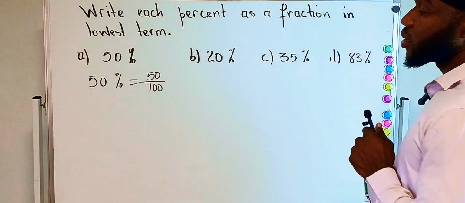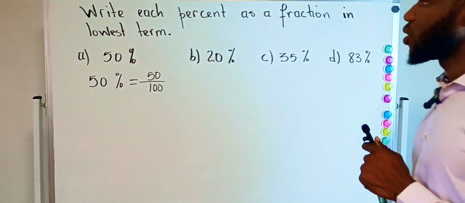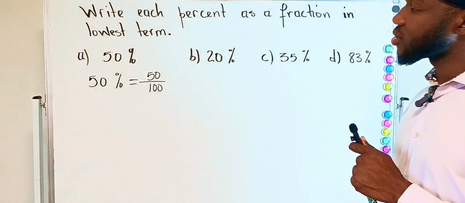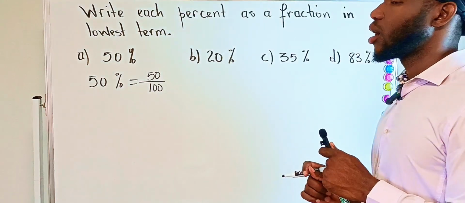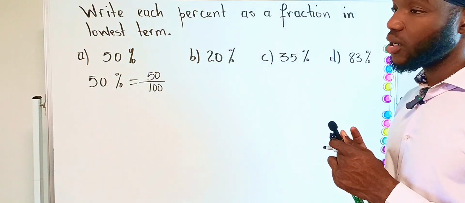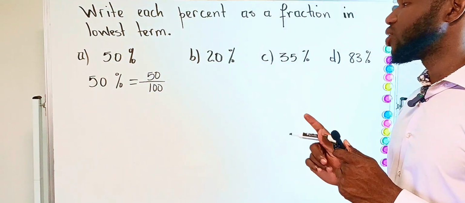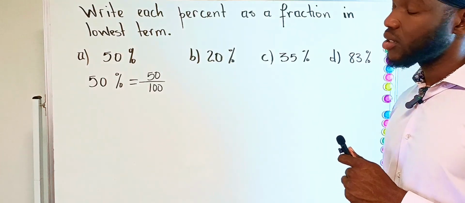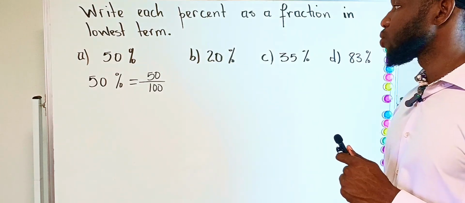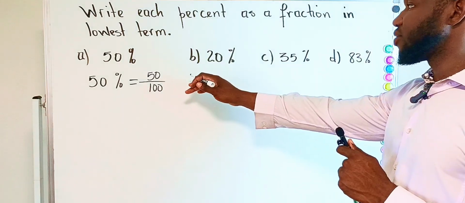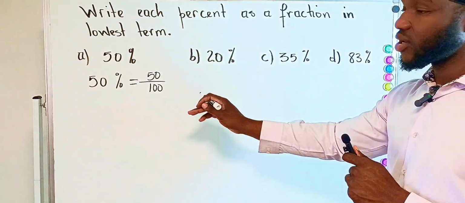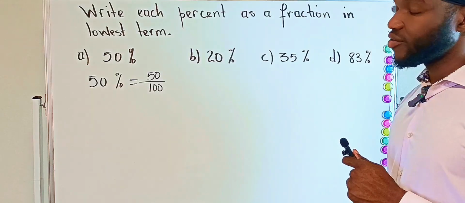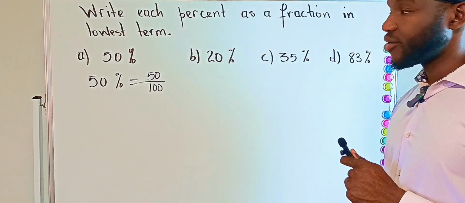Okay, guys. So right now we just gotta reduce this fraction to its lowest terms. So how can we do that? We can just divide the numerator and the denominator by the greatest common factor. We can list the factors for 50, the factors for 100, and find the greatest common factor.